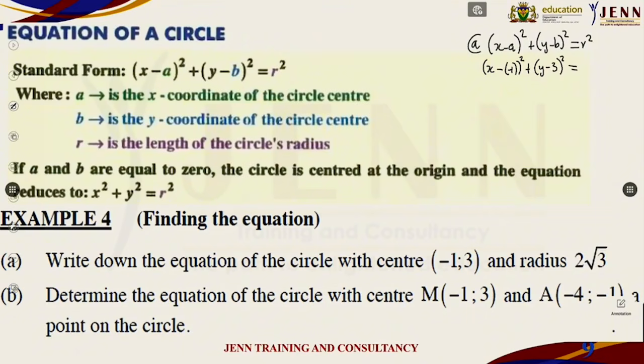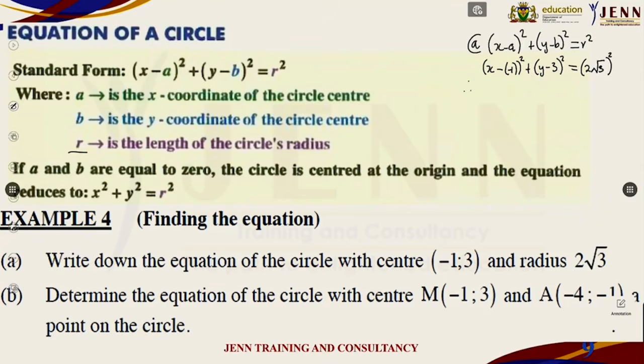Then what is 2√3? 2√3 is not r squared, but it is the radius, r. So how are we going to substitute it? We are going to say (2√3)². Then we simplify.